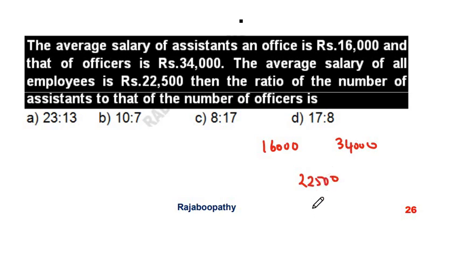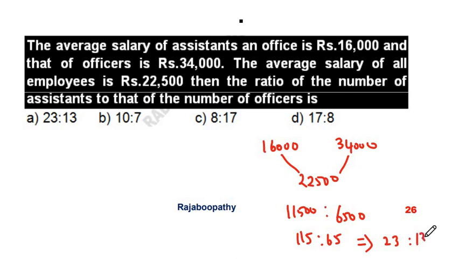Just look carefully: 34,000 minus 22,500 is 11,500, and 22,500 minus 16,000 is 6,500. So 115 is to 65. Cancel with 5, so this is 23 is to 13. So the answer is 23 is to 13.